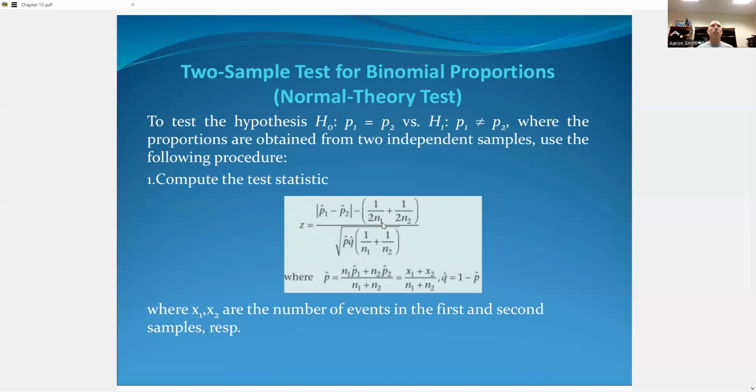Because I have discrete numbers and I'm approximating the distribution with a continuous distribution, there's a mismatch. So this subtraction is a correction term to give us a little better performance in the test. If I have a large sample size, it really doesn't matter, because if I divide by something big, I get something small. It's an issue when I have a smaller sample size.